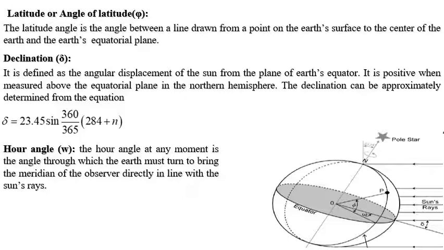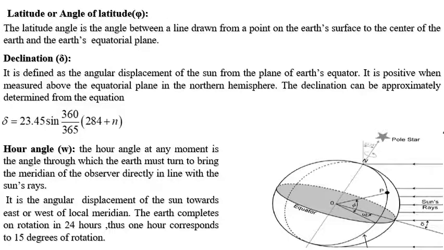As we know, the angular displacement of the sun towards east or west is called the local meridian. The Earth completes one rotation in 24 hours for a day on its own axis, so 1 hour corresponds to 15 degrees of rotation.